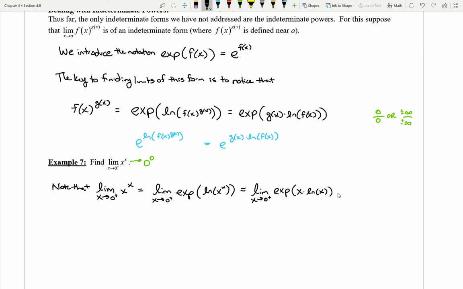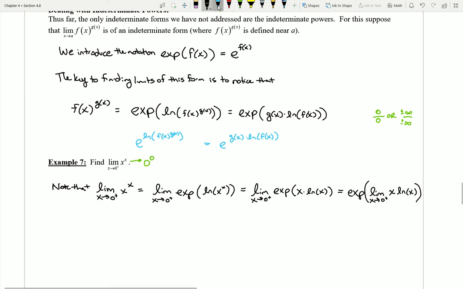Now, this is really helpful because notice that I have my x times the natural log of the other function, and all of this is raised to the power of e. Since e to the x is a continuous function, I can take my limit and bypass that exp, and move my limit to exist as a limit on the power.